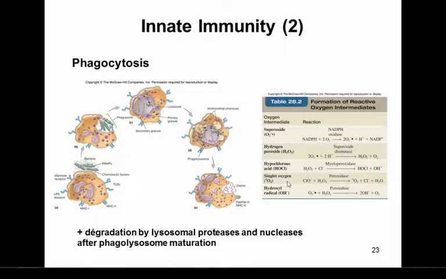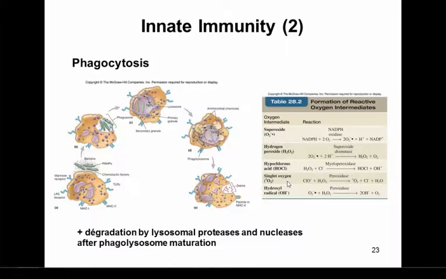These are all highly reactive and highly toxic. They'll react chemically with DNA and damage it. So bacteria are killed inside phagocytes by the production of this biological bleach. Okay, so you have one, the oxidative burst, which gives you reactive oxygen intermediates.